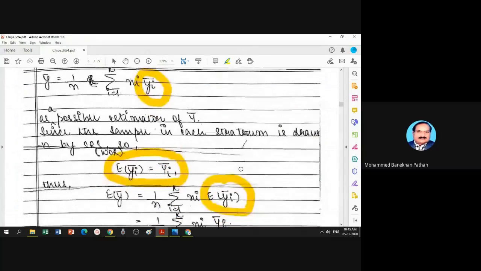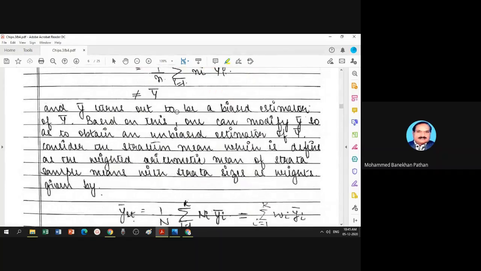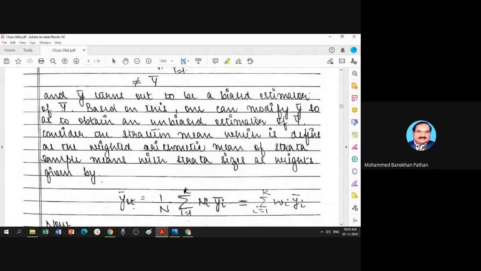So to overcome this difficulty, we make some adjustment. And y bar turns out to be a biased estimator because it is not equal. Based on this, one can modify the sample mean so as to obtain an unbiased estimator of the population mean.